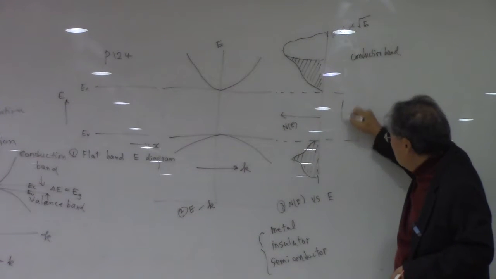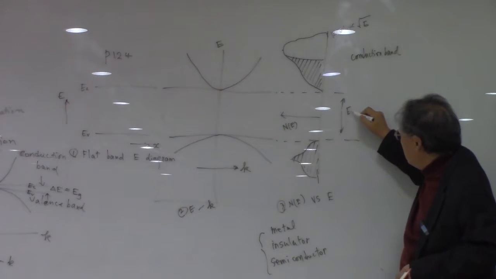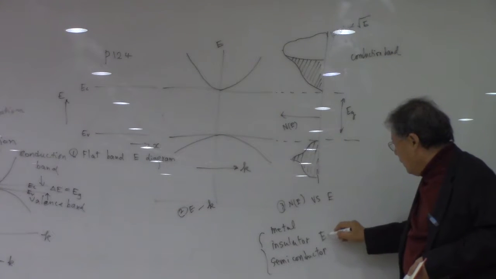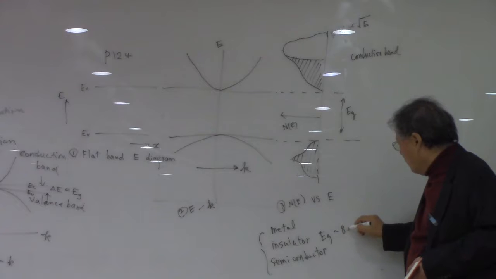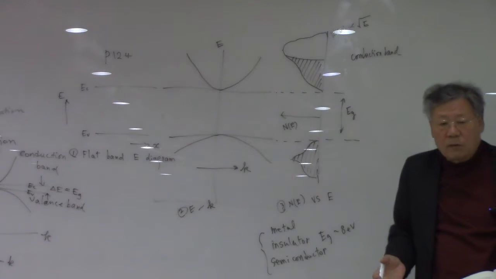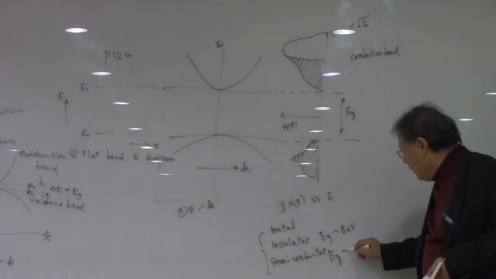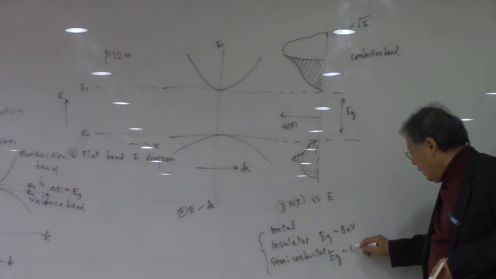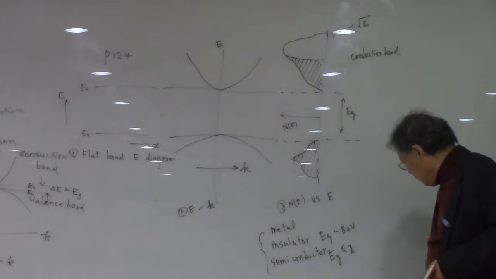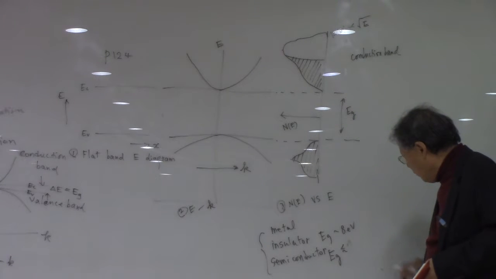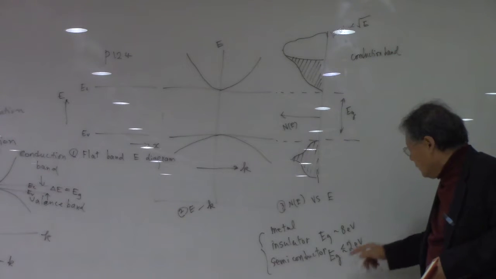And then this is, of course, the band gap in this material. And the band gap is more than 8 electron volts or something like that. In the semiconductor case, this band gap is around 1.2, less than 2 electron volts, and then we call that semiconductor.